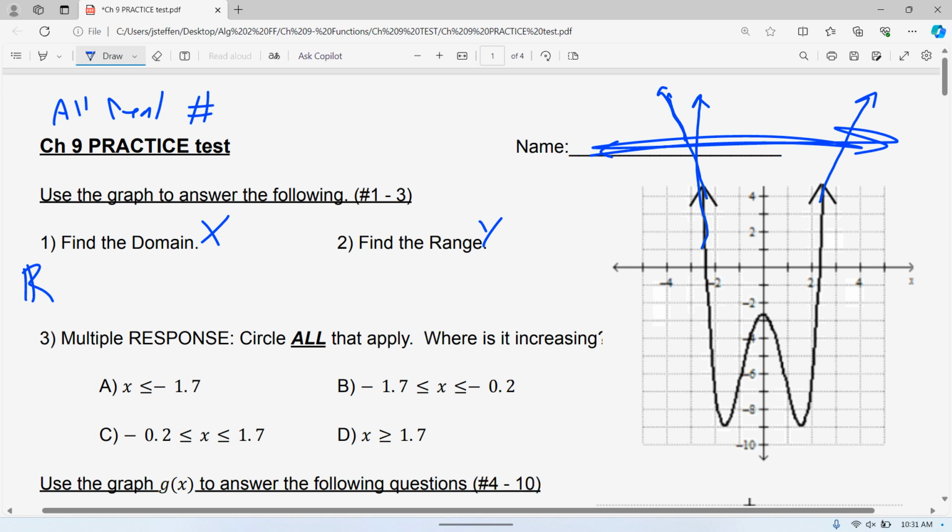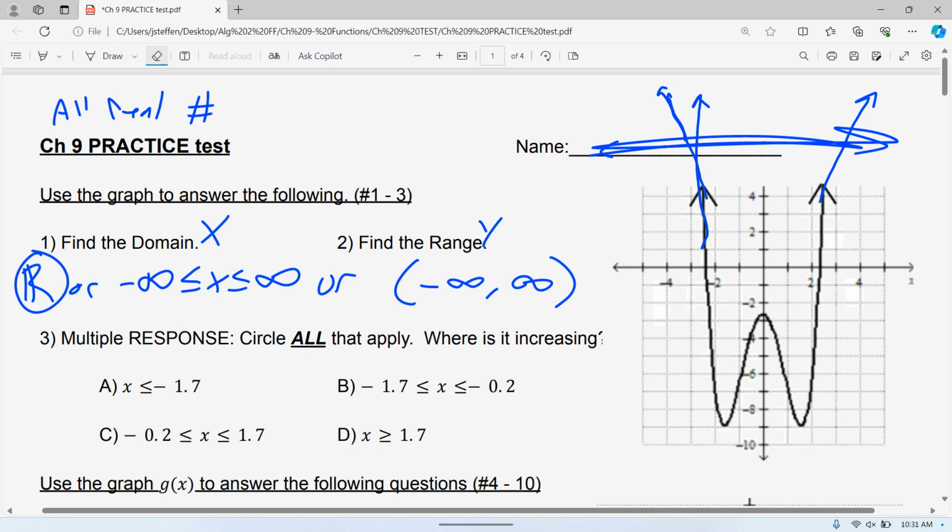Or the other way, you could go from negative infinity is less than or equal to x is less than or equal to positive infinity. Or the same way we just learned in section 9.6, with the brackets and the parentheses, you could say negative infinity, comma, infinity with parentheses. All those will work for your domain. Honestly, the quickest one is to put all real numbers.